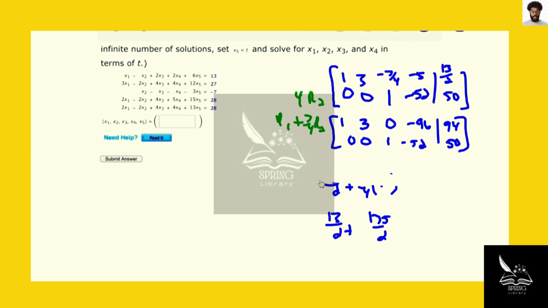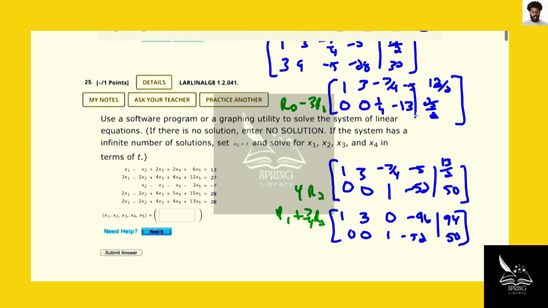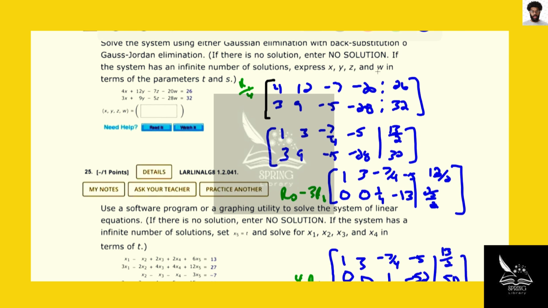All right, so what does this mean? Our solution is an infinite number of solutions.